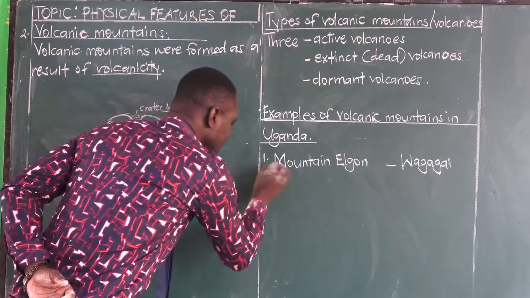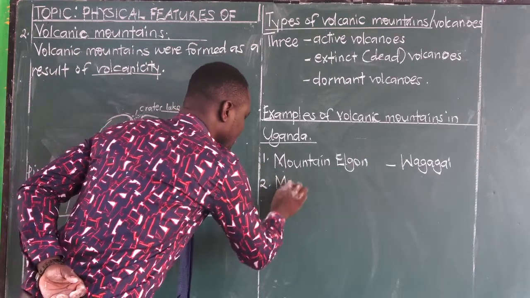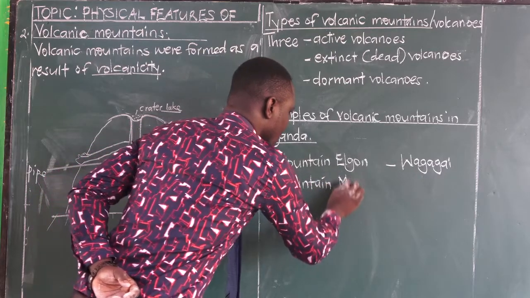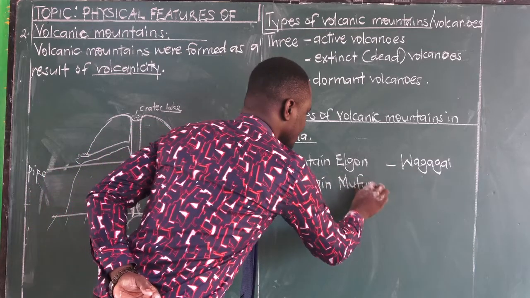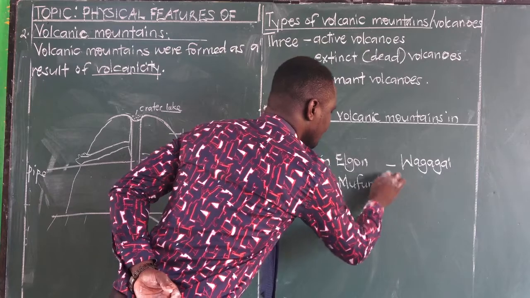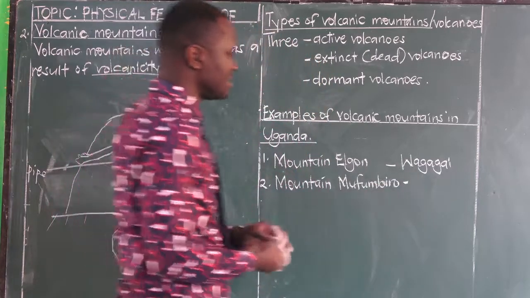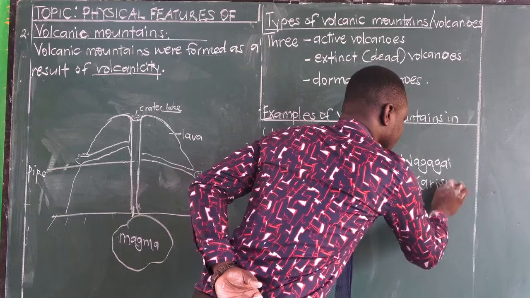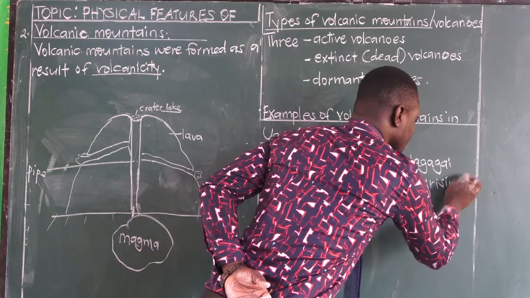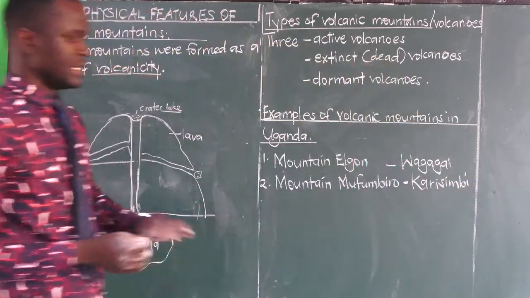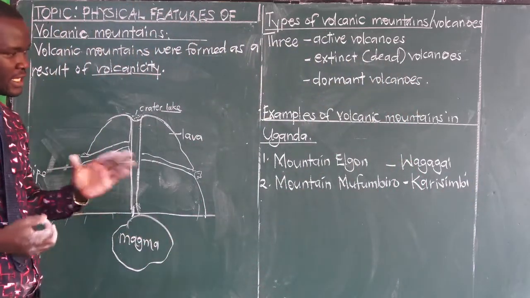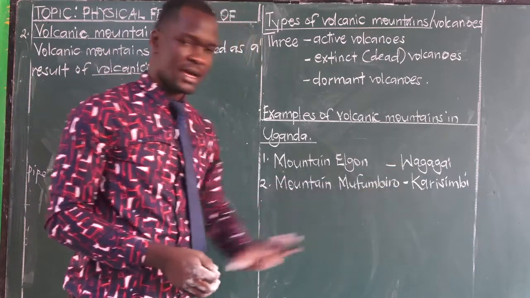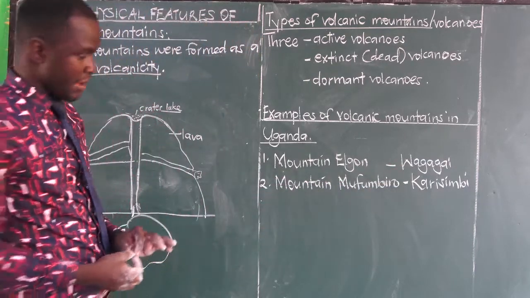Then the other one is, we have Mountain Mufumbiro, which has its highest peak as Karisimbi. Peak Karisimbi. You need to take this seriously. We are having the mountains and their highest peaks.